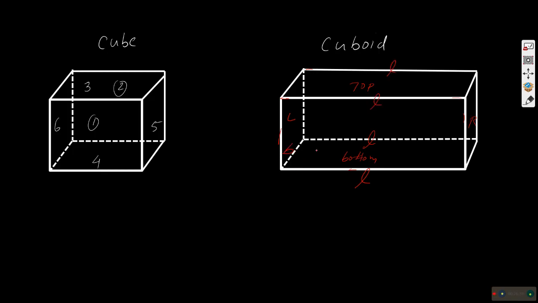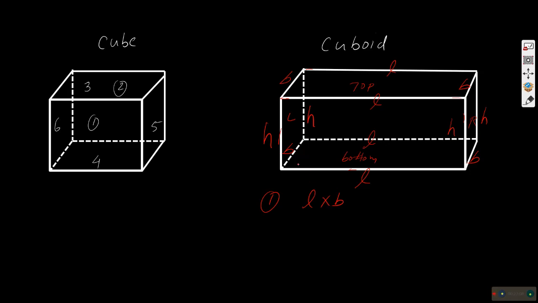And if I say this is breadth, this is breadth, and this is breadth, then I can see this as height, this as height. So if I think about making 3 pairs of faces, one I can write is length into breadth, which is common to us, and there are 2 such.